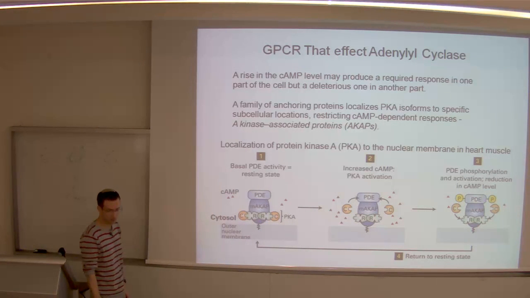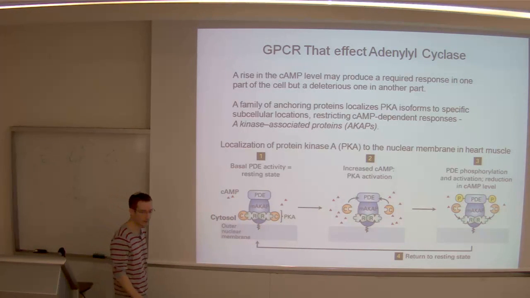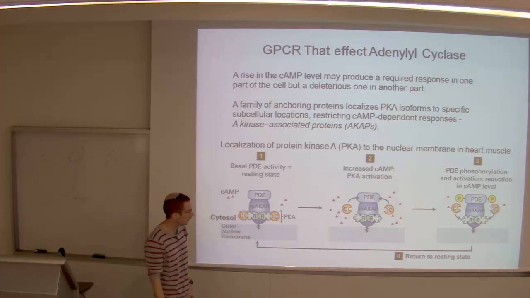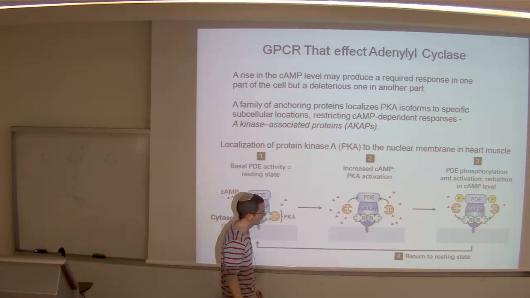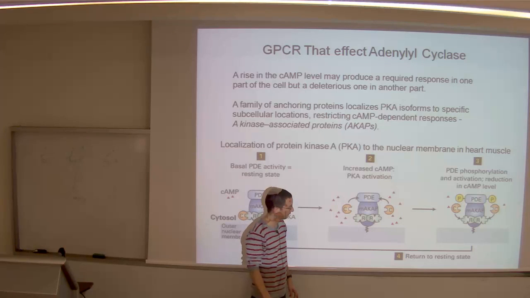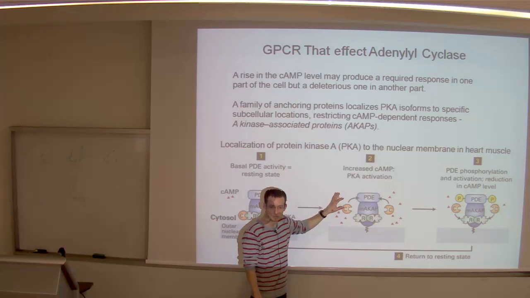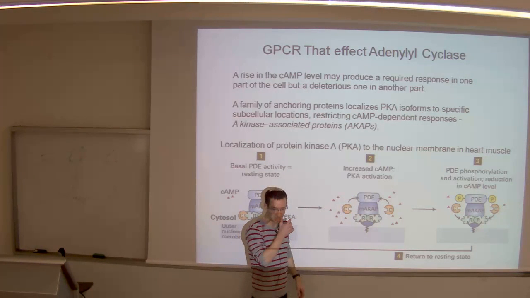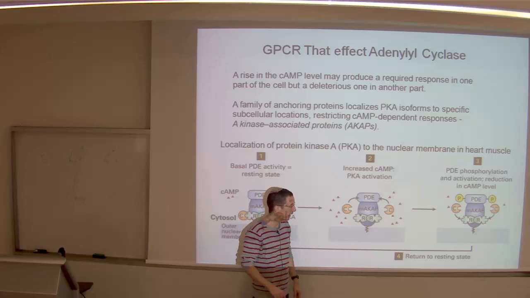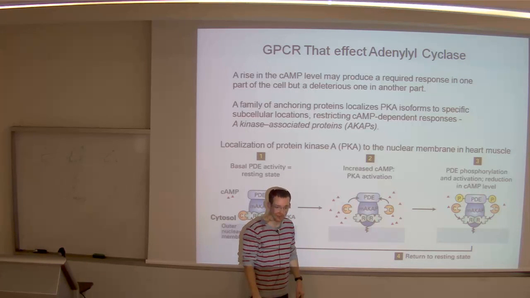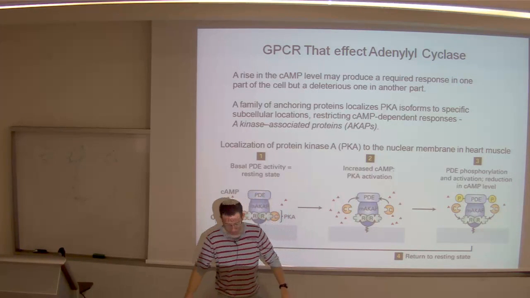So the cyclic AMP wouldn't move farther away because of this mechanism; it will not be distributed far away. But where does the cyclic AMP come from? It can come from a long distance, as far as this mechanism.